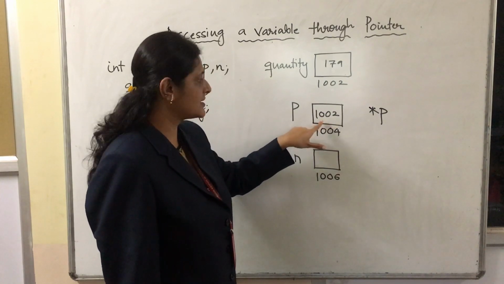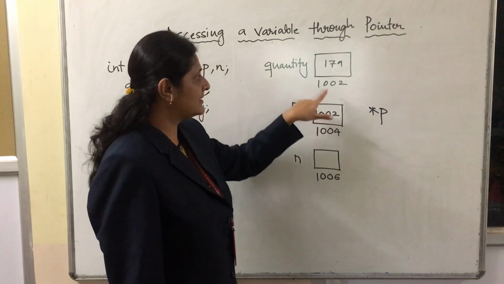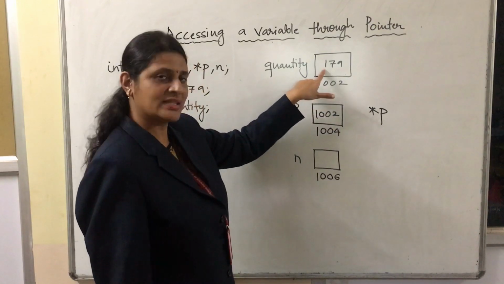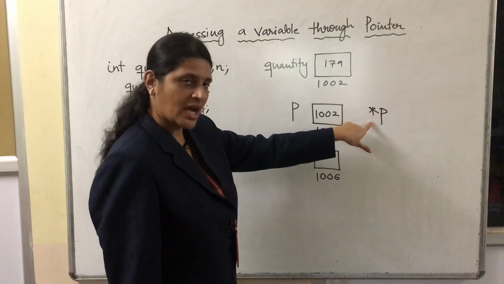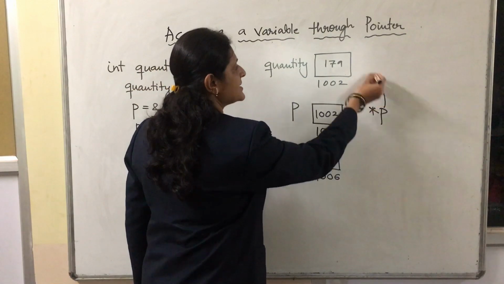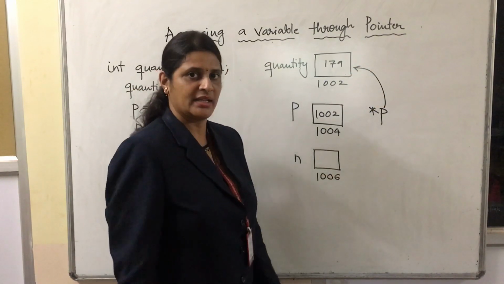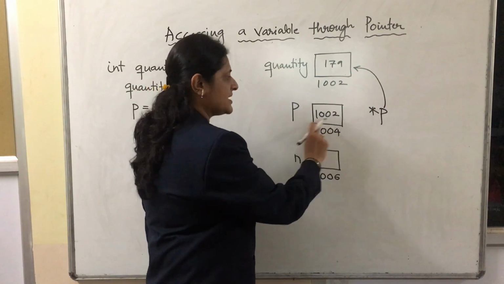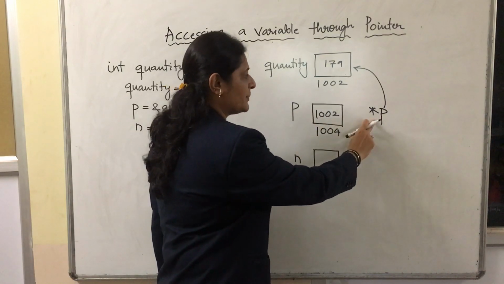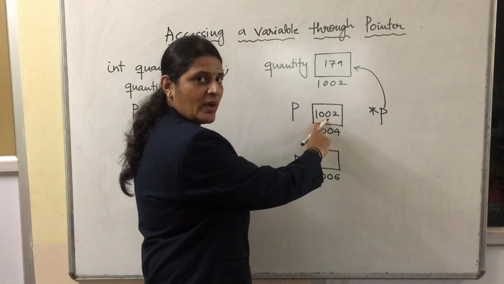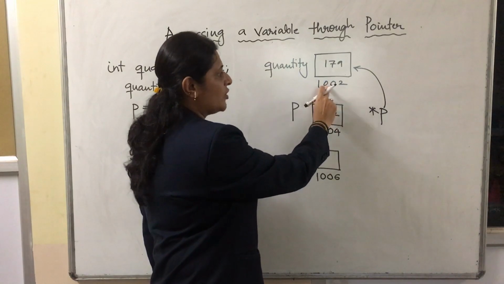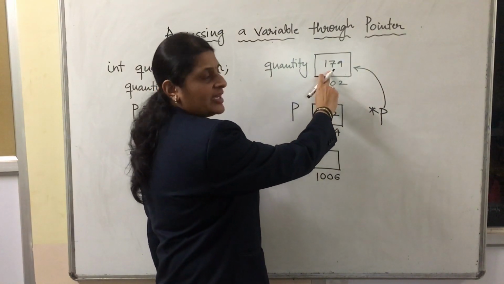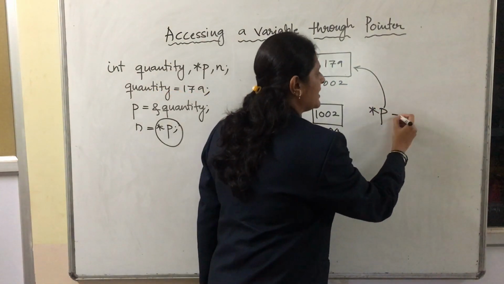This address is 1002, and at this address 1002 we have 179. So through star p we are accessing 179. Why? Because p is 1002 and star p is going to access the value at 1002. The value at 1002 is 179. So star p will be 179.